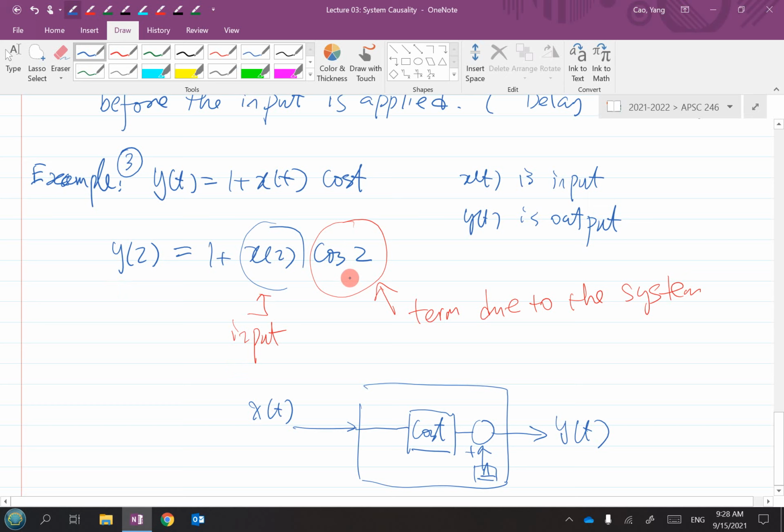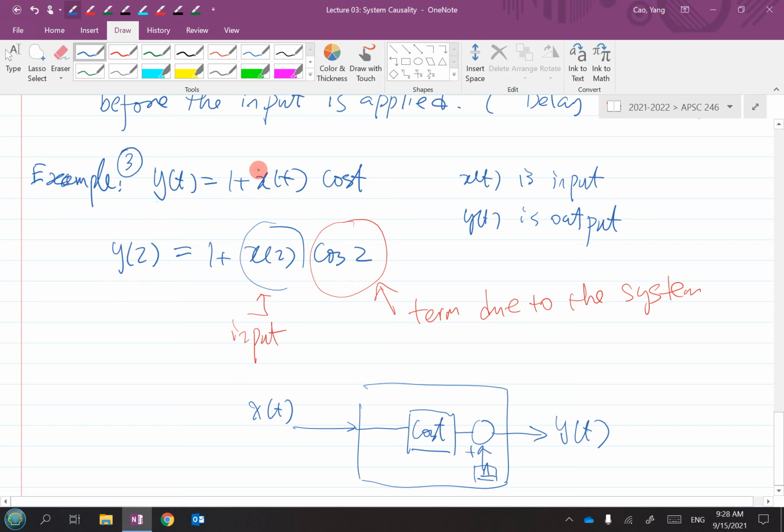So now can you see, is it causal or non-causal, if you only look at the relationship between the inputs and outputs? Yes, it's causal, right? So in simple language, like what I've written here, the output value depends on what kind of input value?